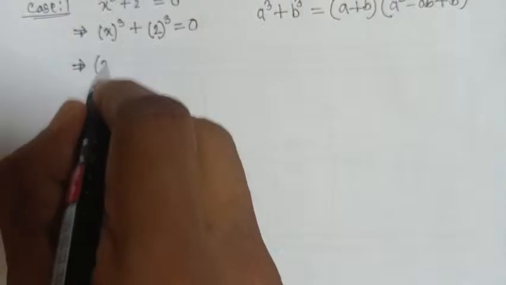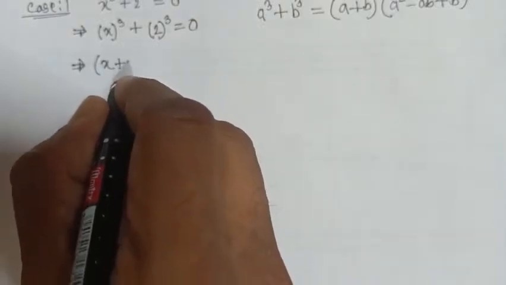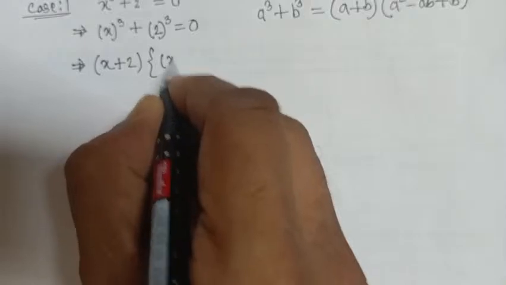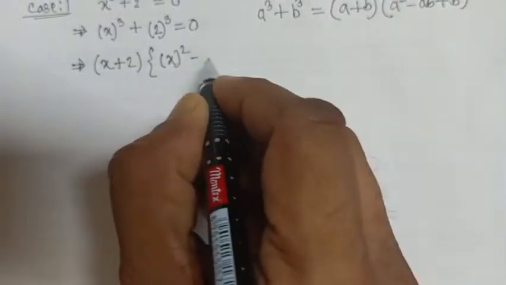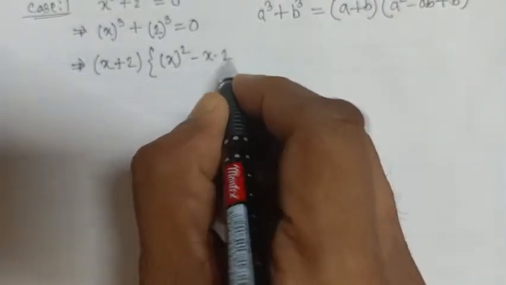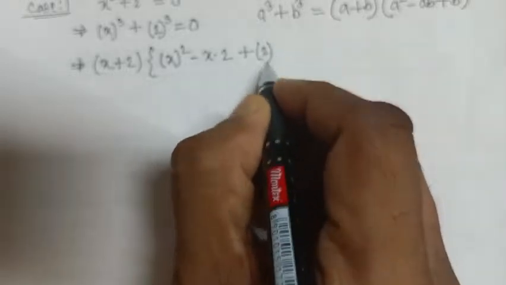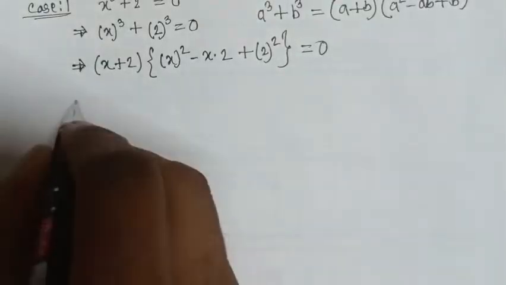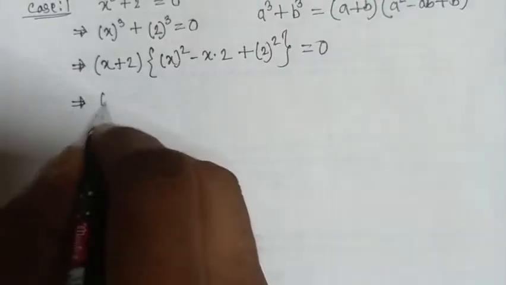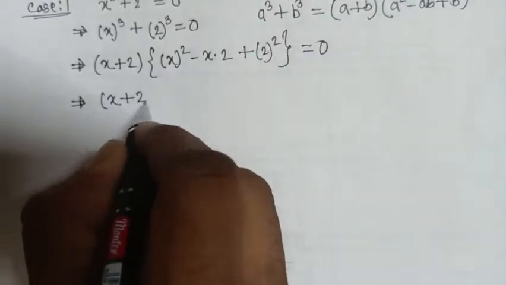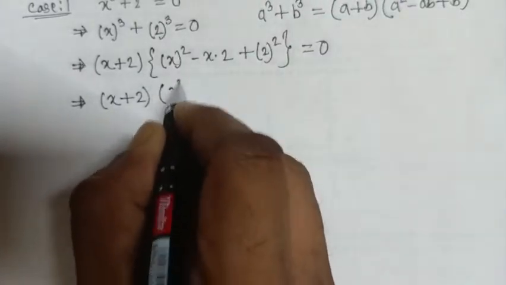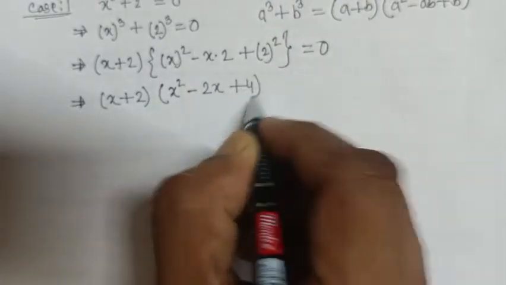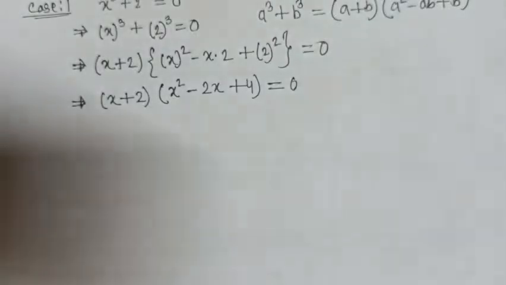That equation should be like this: x plus 2 into x square minus x into 2 plus 2 square equals to 0. So x plus 2 into x square minus 2x plus 4 equals to 0.